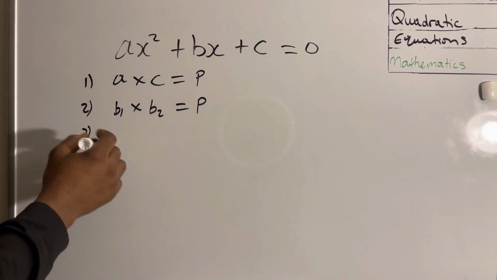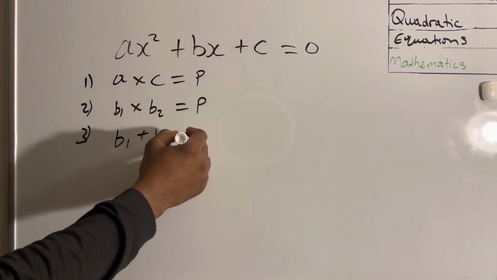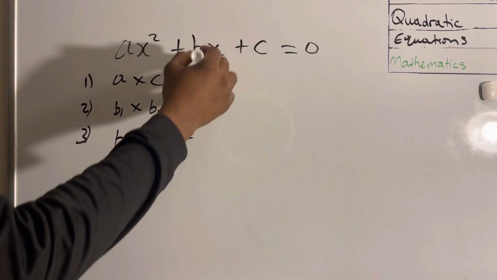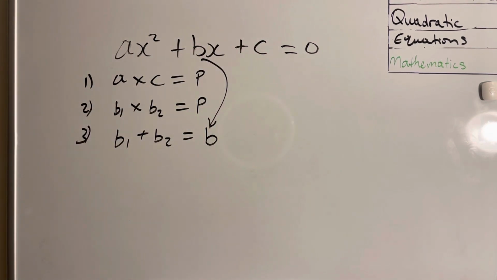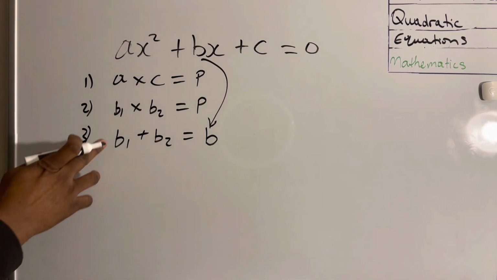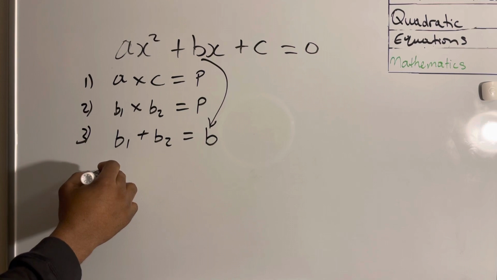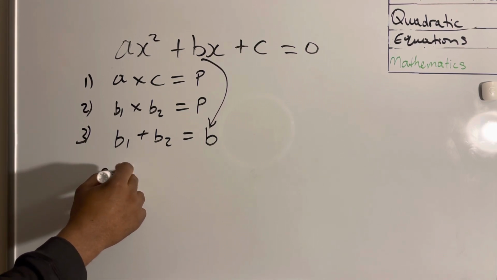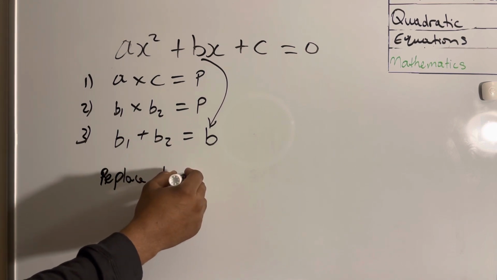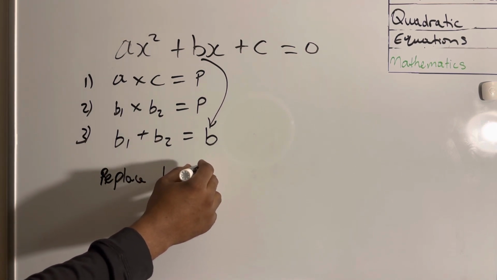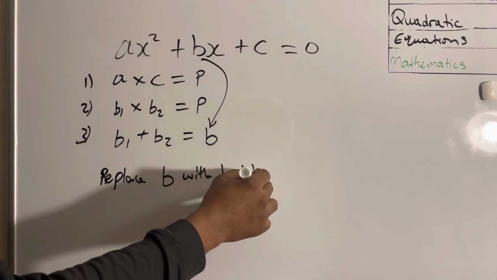Step 3, these two numbers, b1 plus b2, should equal the original b in the equation. If all of these are satisfied, then you replace b with b1 plus b2.